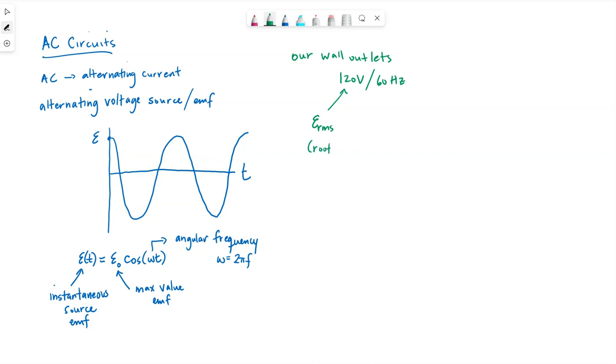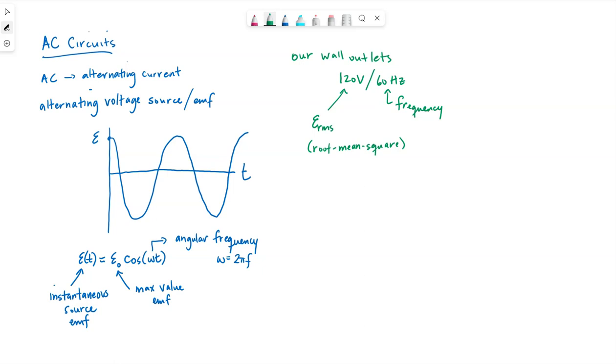RMS stands for root mean square. 60 hertz is the frequency of our source voltage. So how many oscillations per second or cycles per second the source voltage oscillates at.